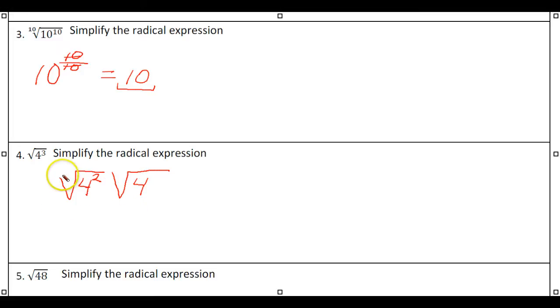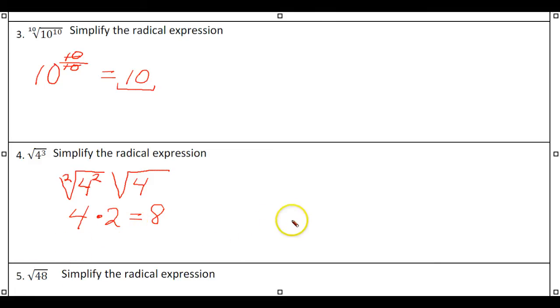So keeping in mind there is a 2 here, so this is just going to become 4, removing the radical sign. This is 2 over 2, and the square root of 4 we know is 2. So this gives us an 8.